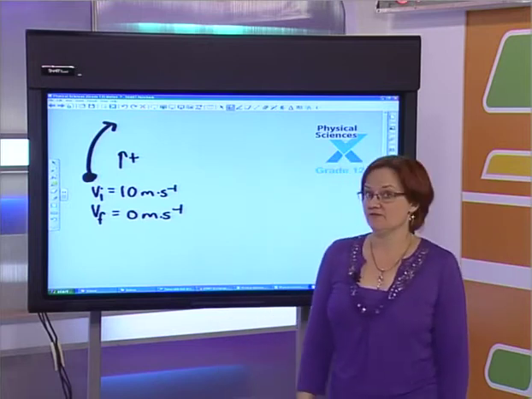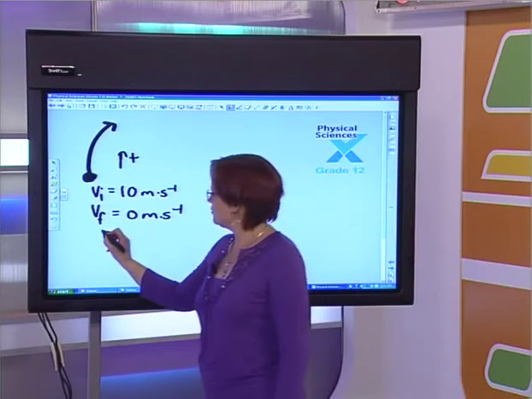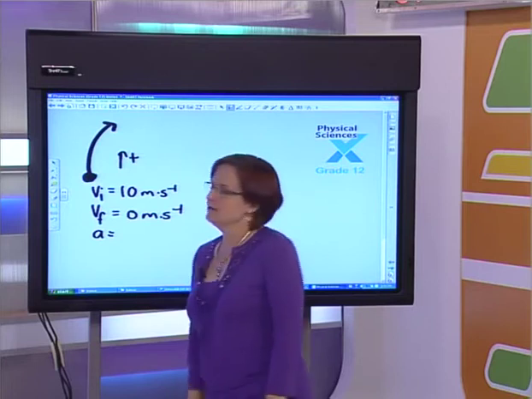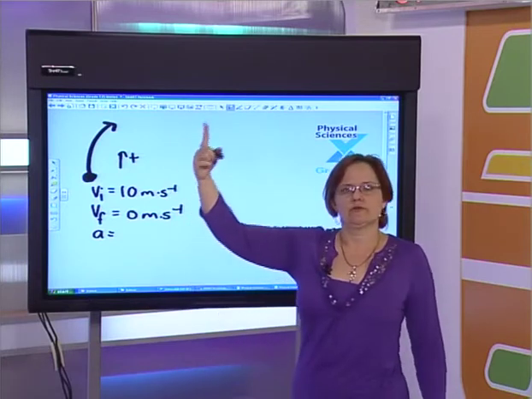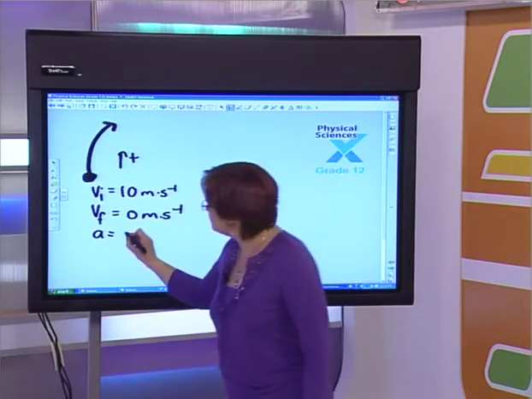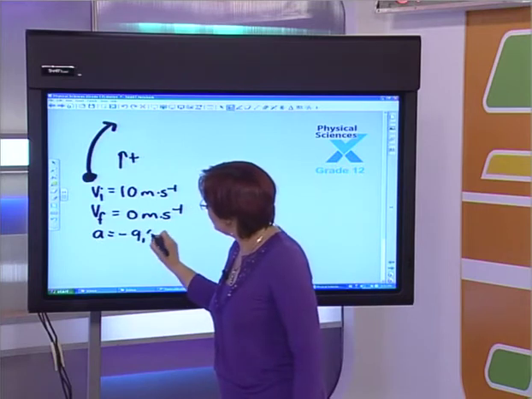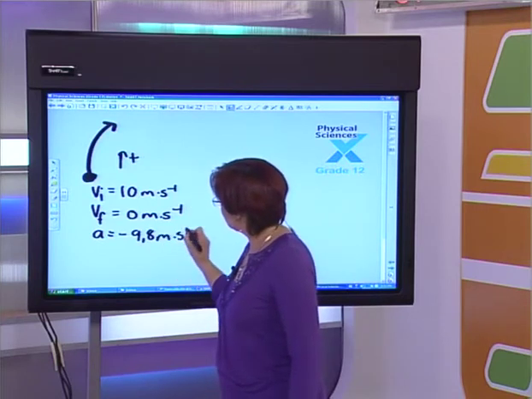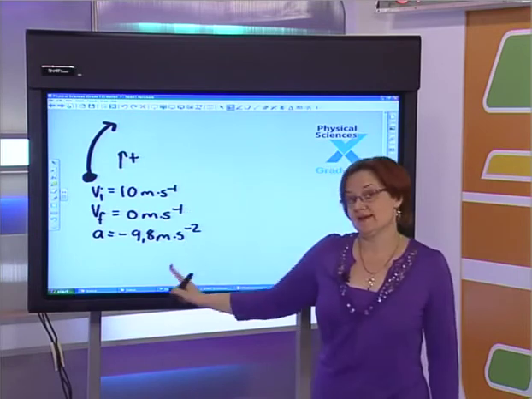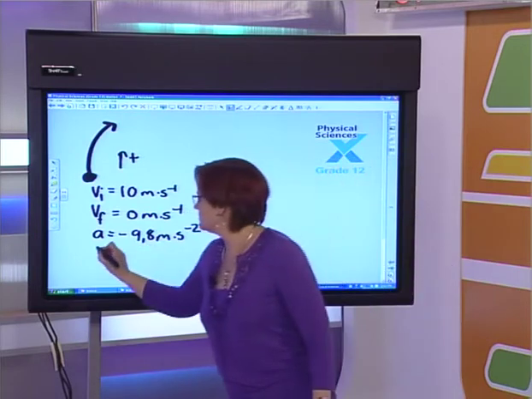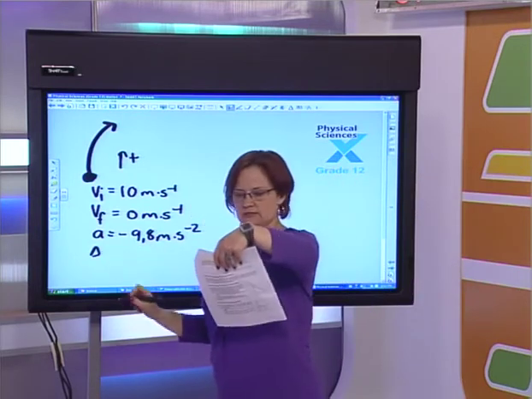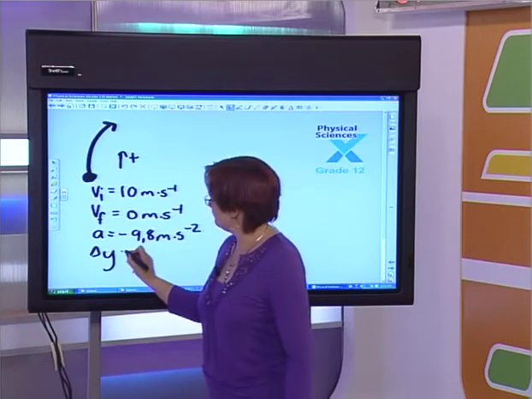Implied piece of information, very important. They've also told you the acceleration, and since I've chosen up as positive, that's 9,8 meters per second squared negative. And in this case, they want the delta y to start off with.